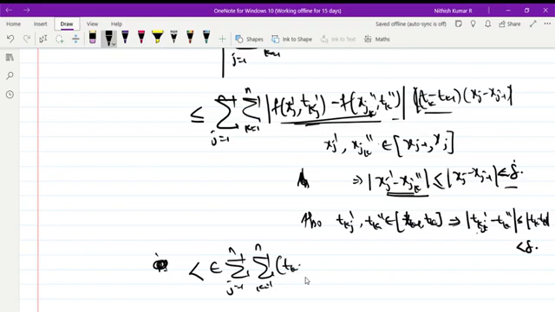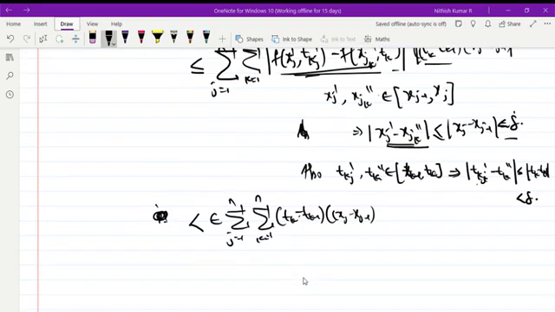Yeah, we can write this like this also, no problem. So it is again tk minus tk minus 1 into xj minus xj minus 1.